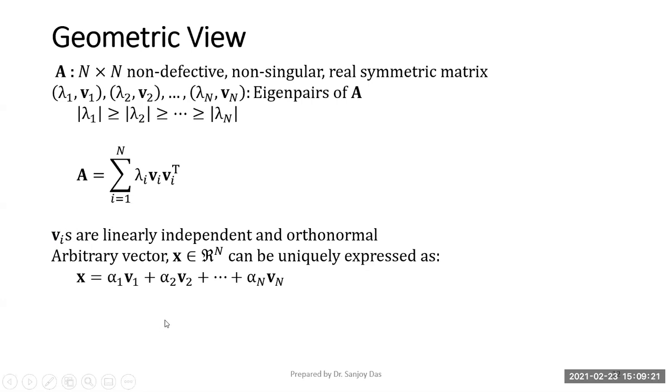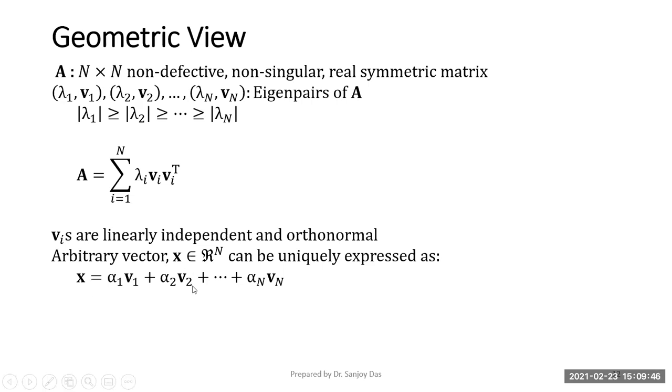Okay, so what's the projection of x onto v1? Since v1 is a unit vector, its projection is simply alpha 1, right?